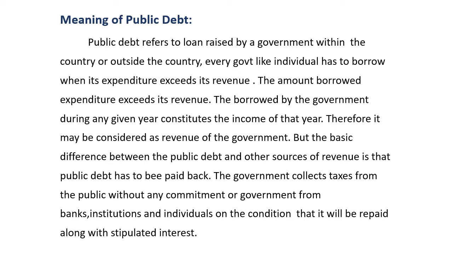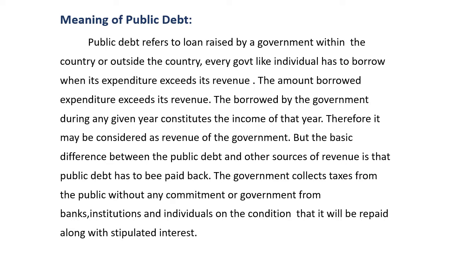Every government, like an individual, has to borrow when its expenditure exceeds its revenue. The amount borrowed by the government during any given year is the income of that year.